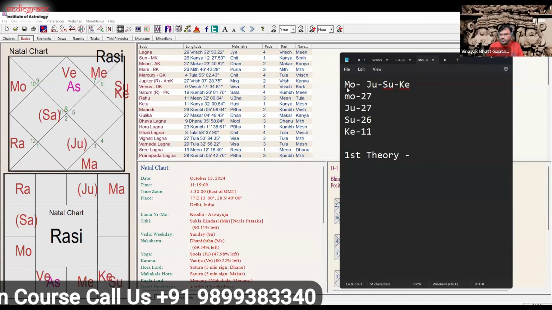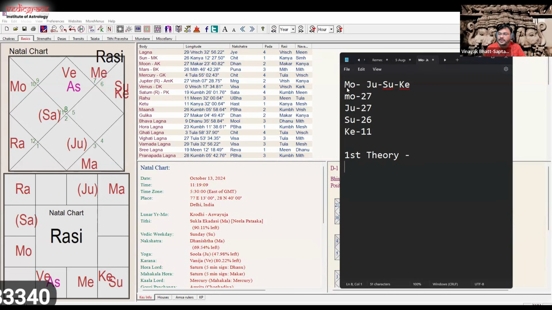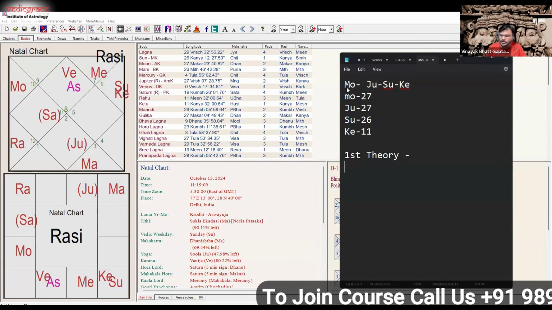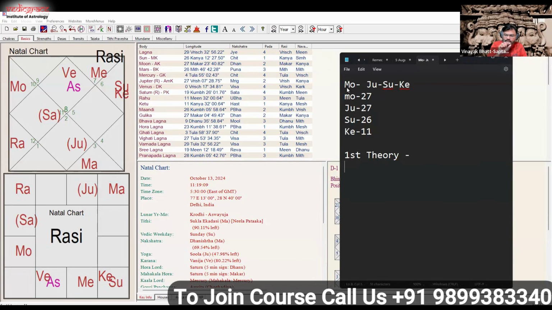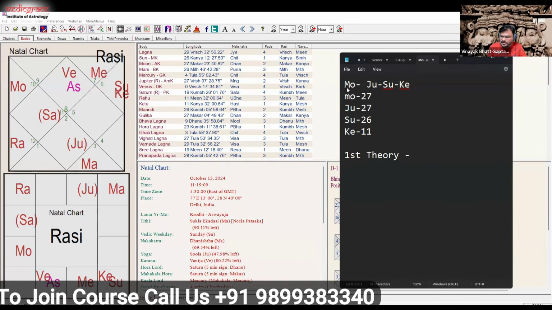So as per the first theory, how to resolve this degree-wise thing? You know why we need this? I hope everybody understands the need of arranging planets by degree. Because when you want to interpret this whole combination, ultimately we need a prediction, correct?